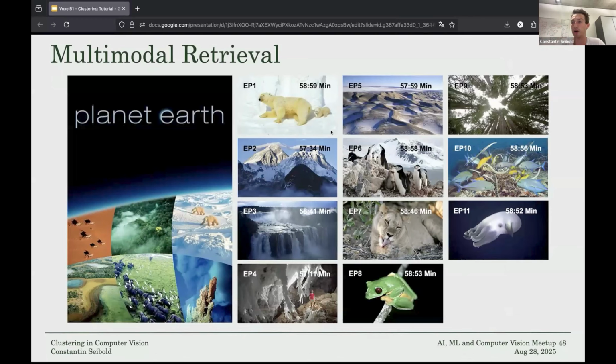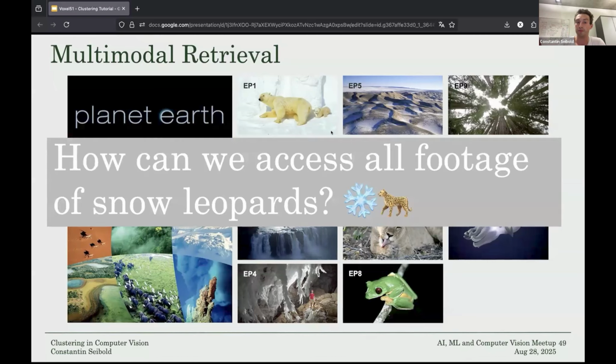Sure, you can apply your vision language model for videos onto 8-second clips for the entire dataset, but this is really cost inefficient. Basically you want to find the right way to split the clips, right? You don't want to have, for example, a snow leopard and an ice bear in the same clip because you want to find only the snow leopard.